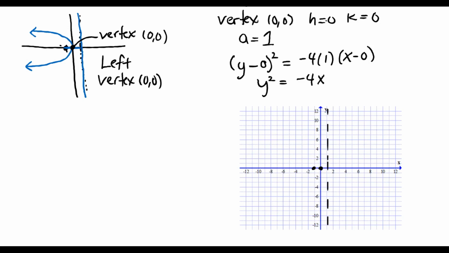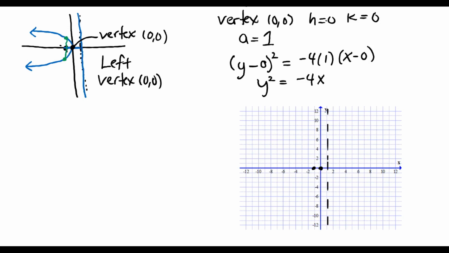The latus rectum points will help me to draw how wide this parabola is. So remember that the latus rectum points, I'm going back up to my sketch for a second, are going to fall on the same line with the focus. So with this orientation of being left, it's going to share the x-coordinate with the focus.